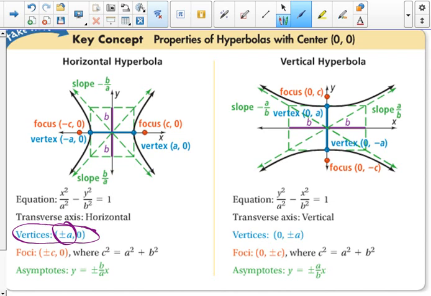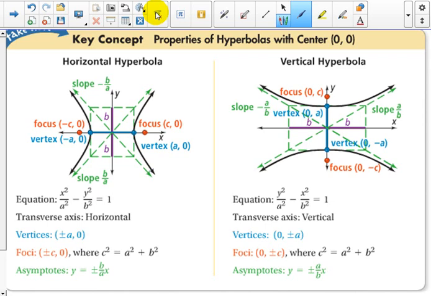Then they might give you the vertices and the foci, so you would have your A and your C values. You would plug the A and C into this equation and get your B, and then you're basically quickly done after that. We'll learn how to use those in just a moment.